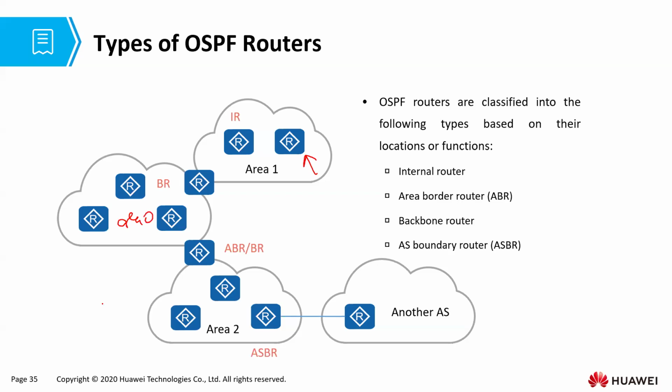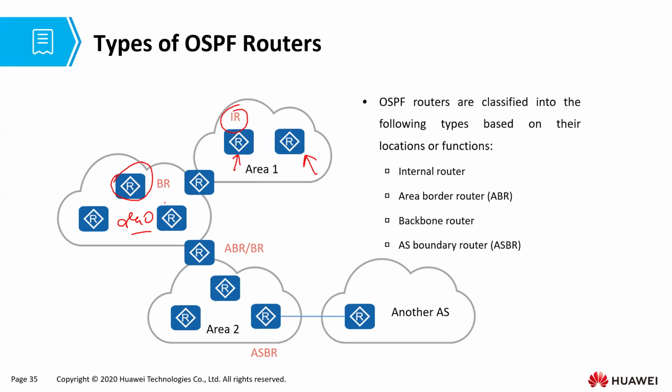There is a need for at least one interface in area 0 for a backbone router. So a backbone router has all its interfaces in area 0. An internal router has all its interfaces in the same area.